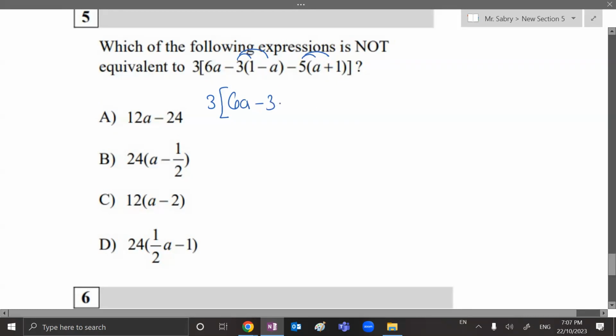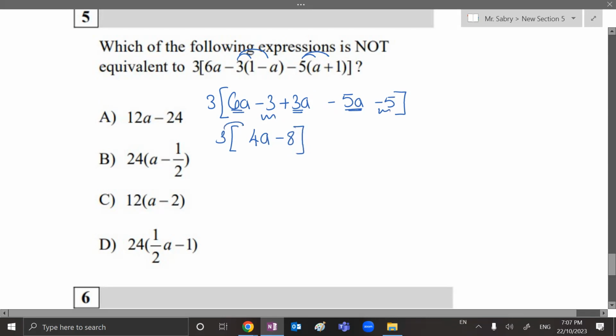Negative 3 times negative a, that's positive 3a. Negative 5 times a, that's negative 5a. Negative 5 times 1, that's negative 5. Close that bracket. Like terms together inside the bracket. So 6a plus 3a minus 5a, that's 4a. And then negative 3 minus 5, that's negative 8.